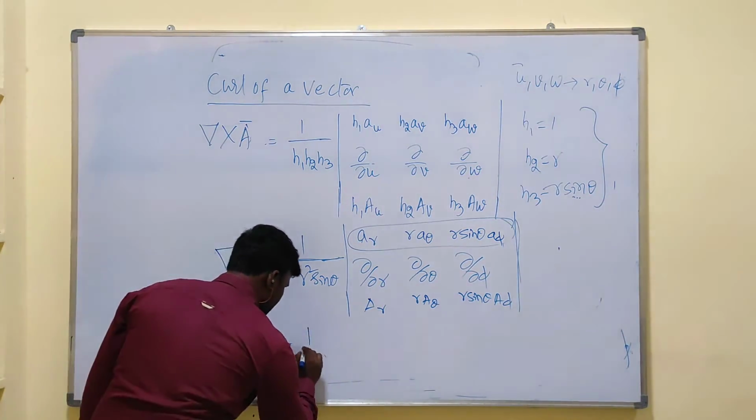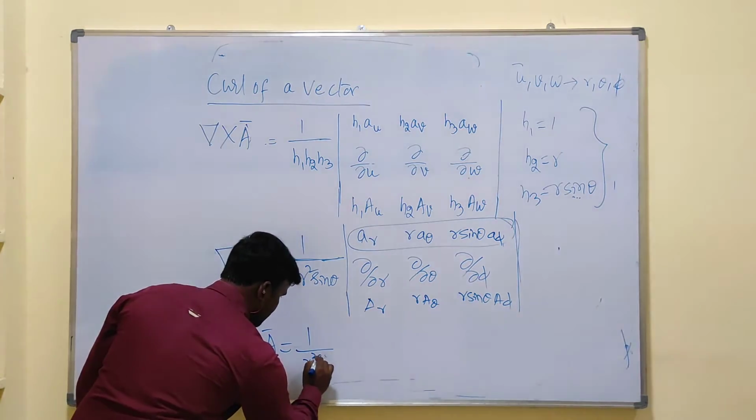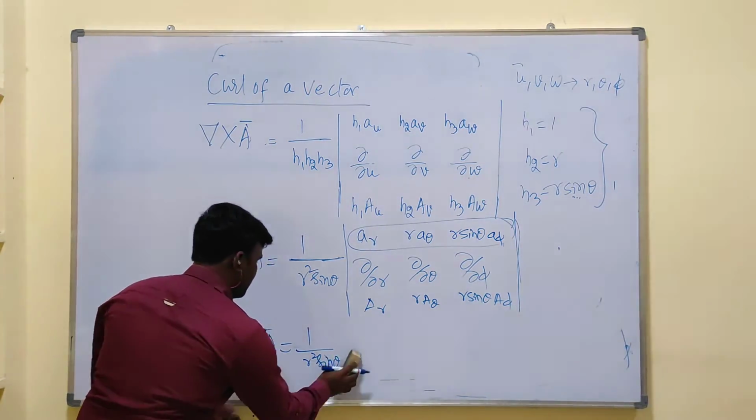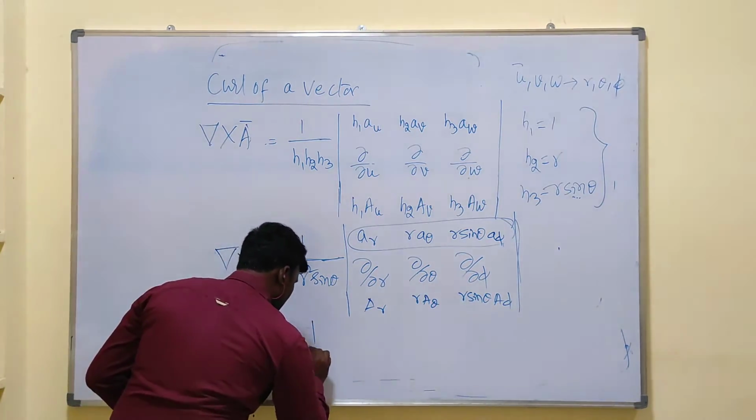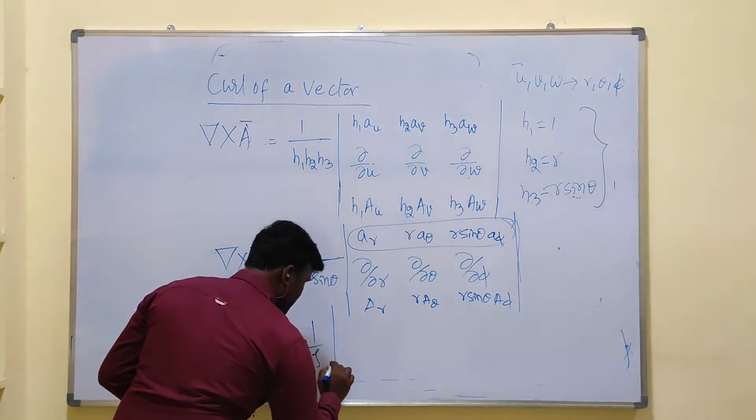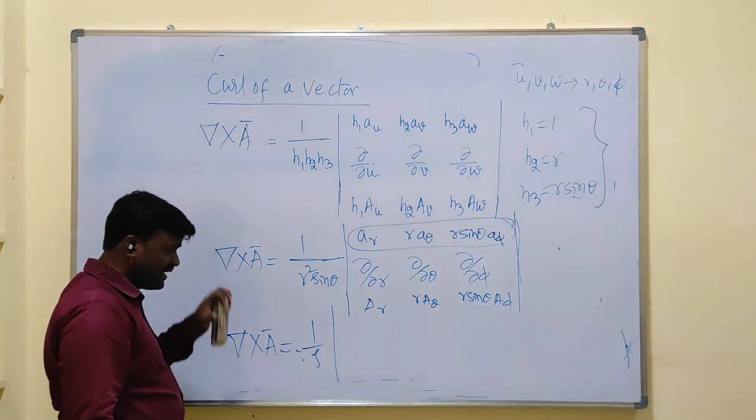And for the cylindrical, this can be written as 1 by H1, H2, H3, that is 1 by rho, since H1 is 1, H2 is rho, H3 is 1.